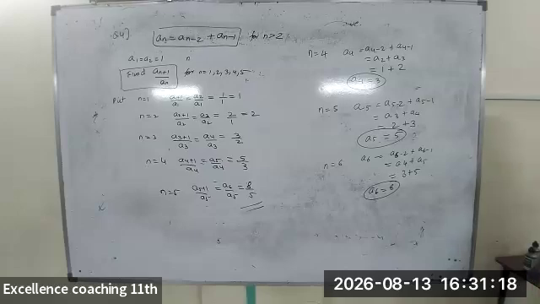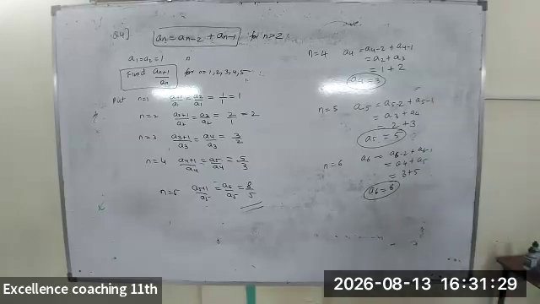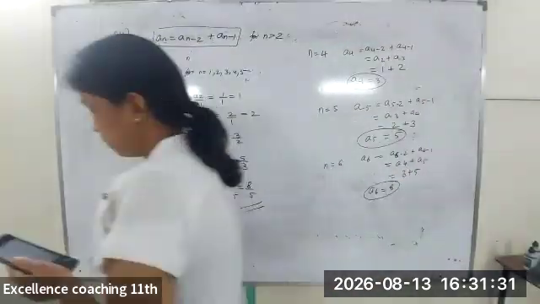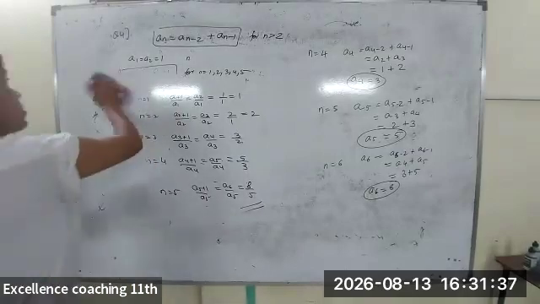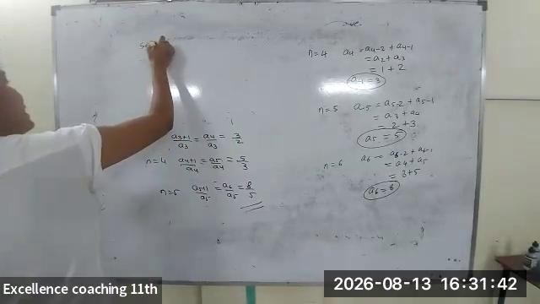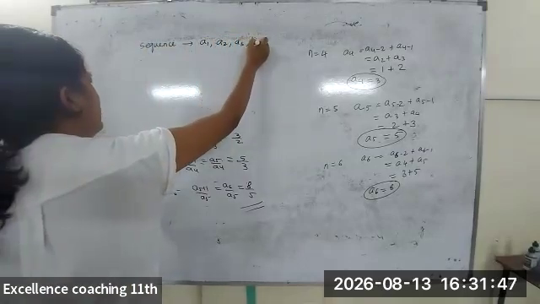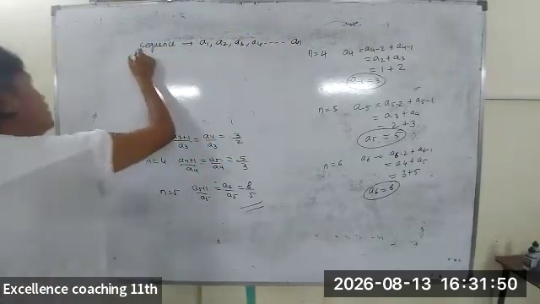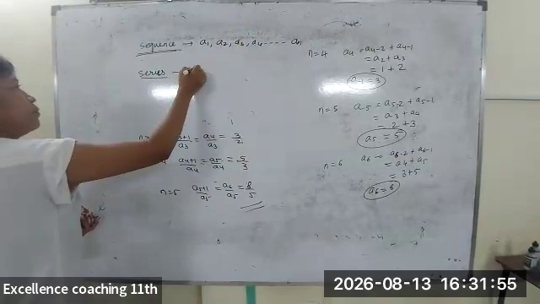So this is all about the sequence. Only the theory part I'll give now. The main AP we can start in the next class. Only series, I'll tell you. Now you know what a sequence is: when you put commas, A1, A2, A3, A4 up till AN. A series is the moment you add all those terms, put a plus sign.